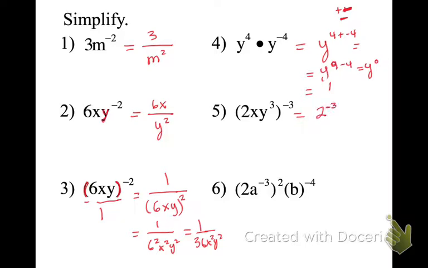2 is to the negative 3rd power. X is to the negative 3rd power. Y to the 3rd times the negative 3rd power. So this becomes 1 over 2 to the 3rd times 1 over, drop it down, x to the 3rd times y, times y to the negative 9th, which is 1 over y to the 9th.